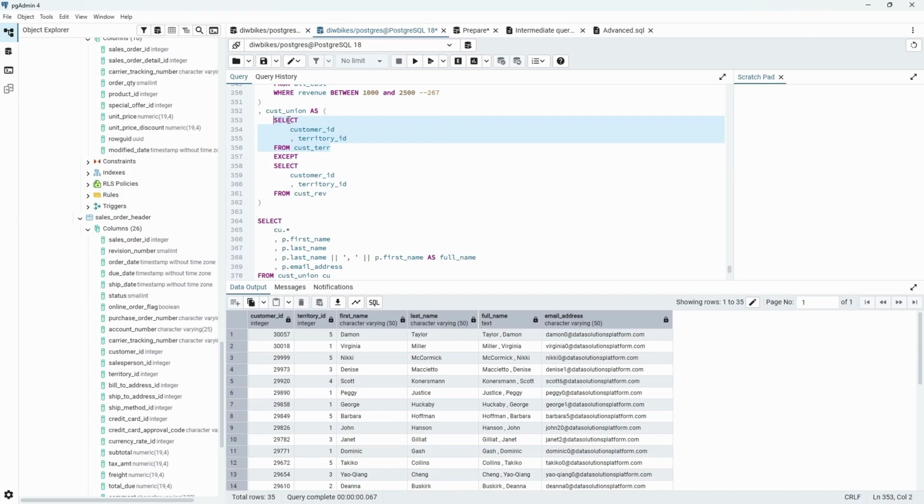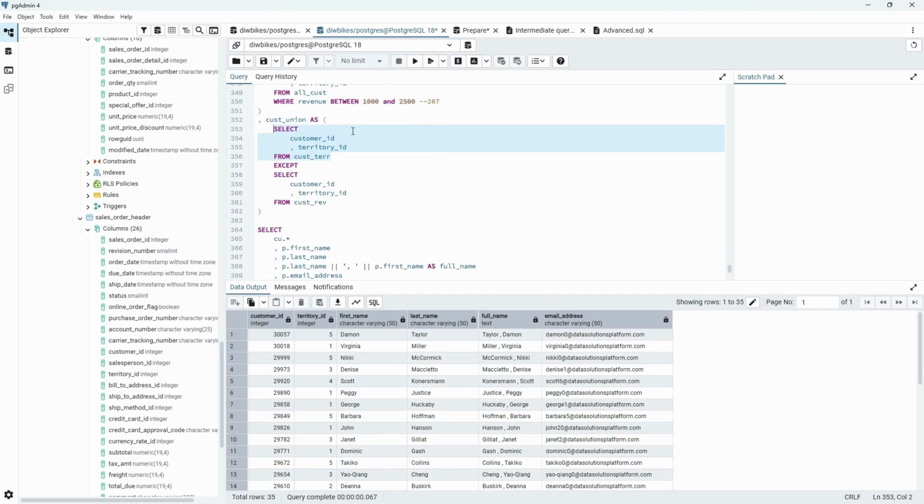If you are used to Oracle queries, you'd be able to relate. Except is more or less like a minus in the Oracle system. All right, so now let's run this.